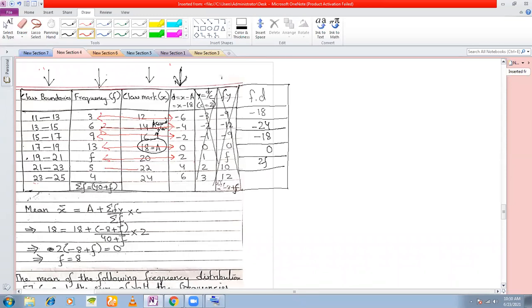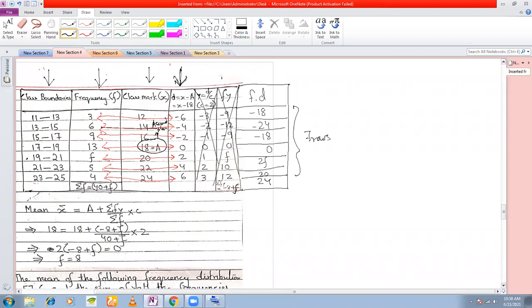This is 5 into 4, is 20. And finally, we have 4 into 6, which is 24. So you have how many? 7 rows here.